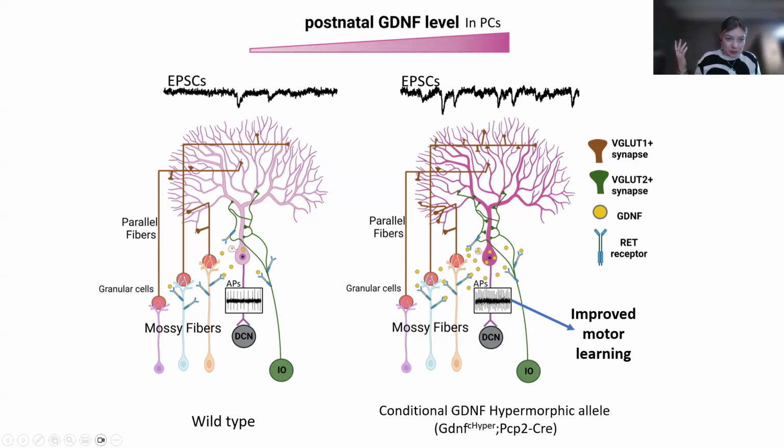But we, of course, didn't confirm that. This is just a summary scheme. And all this causes more excitatory postsynaptic currents, higher excitation of the Purkinje cell and a higher cell firing frequency, and is associated with improved motor learning.